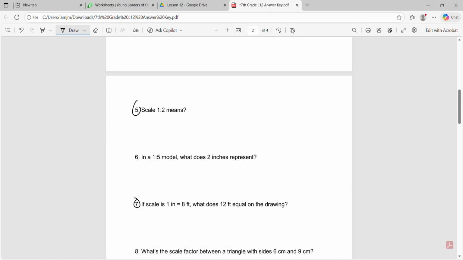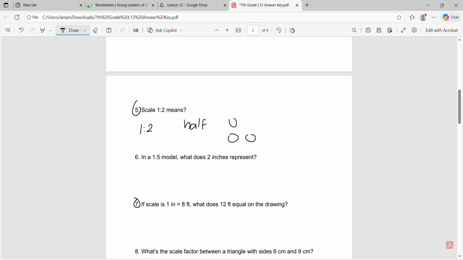Number 5. Scale 1 to 2 means that every 1 is equal to 2. So this refers to a half, since for every 2 there was only 1.